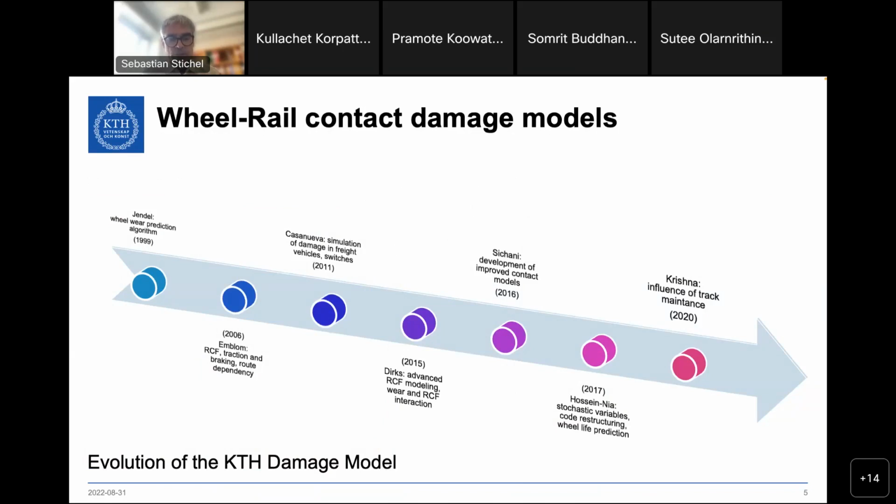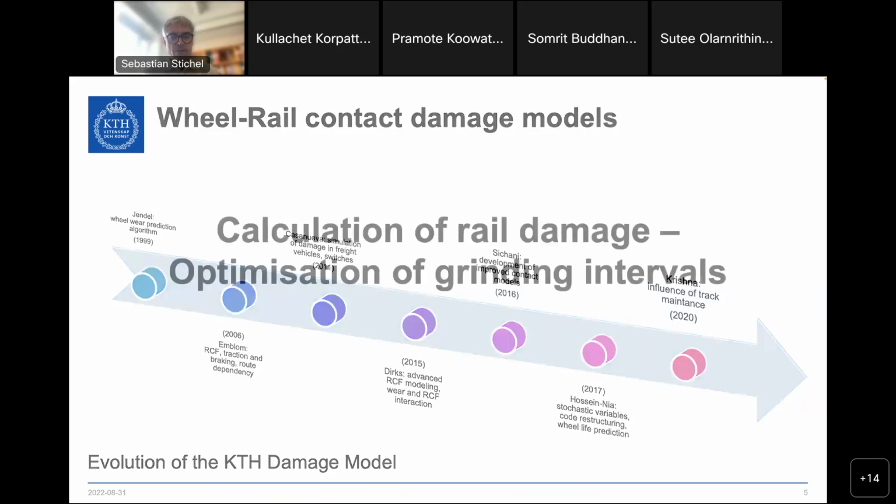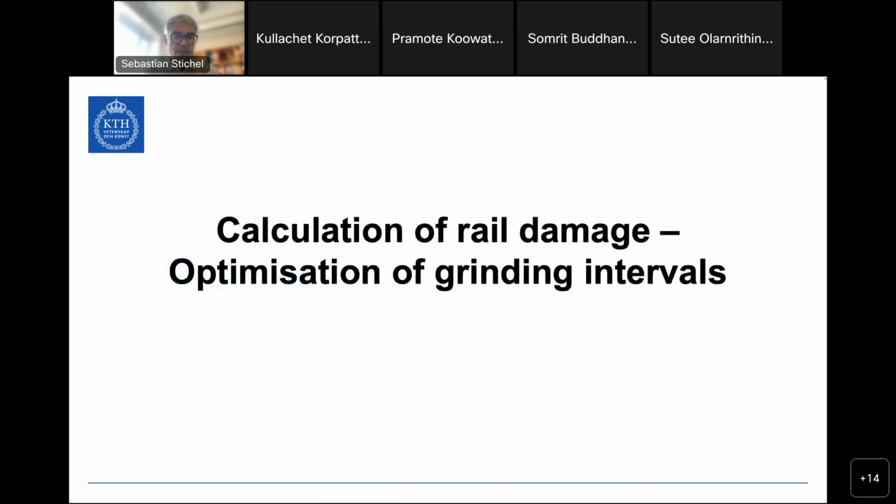We have had PhD thesis only on contact mechanics to improve the prediction of the size and shape of the contact patch, for example, and the stresses arising in the contact patch. And all these works resulted in what I'm presenting today. And the first example is the calculation of rail damage, and as said, how you can use it to optimize rail grinding intervals.